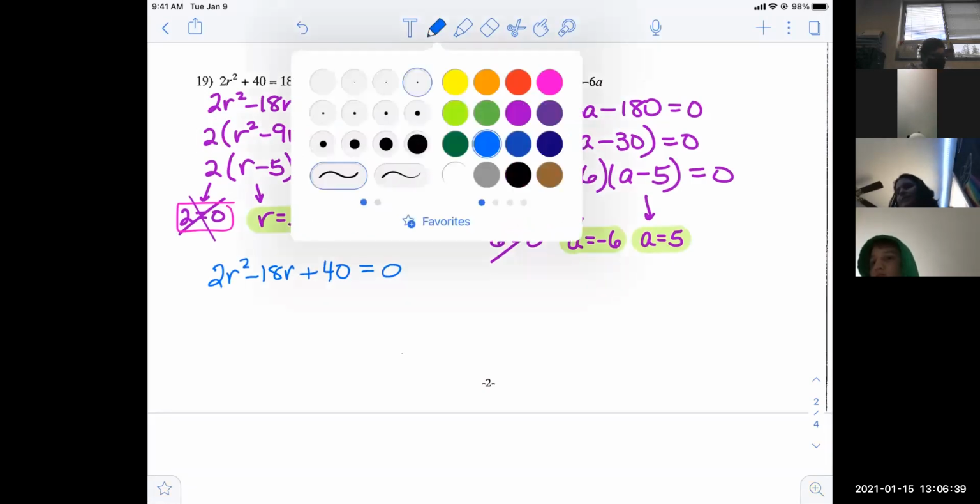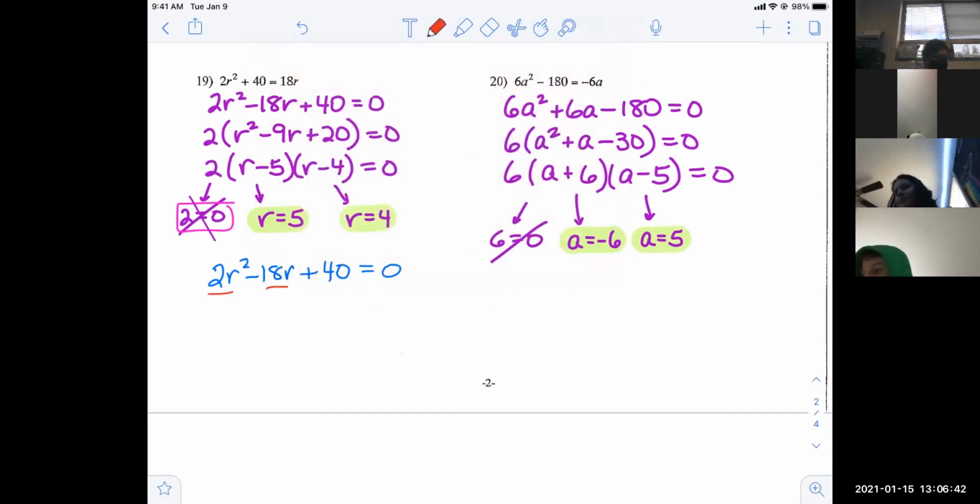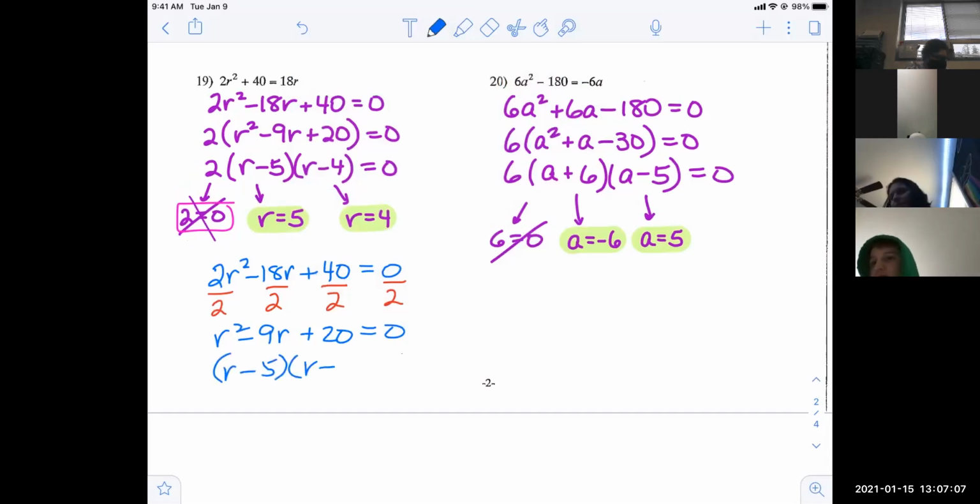But if it's an equation, you can divide through by the GCF, and it gets absorbed by that 0 on the other side. And then you'll have r squared minus 9r plus 20 equals 0. And then you can factor, and you don't have to worry about that 2 in the front. So that's your r minus 5, r minus 4. And then you get your 2 answers, r equals 5, r equals 4.